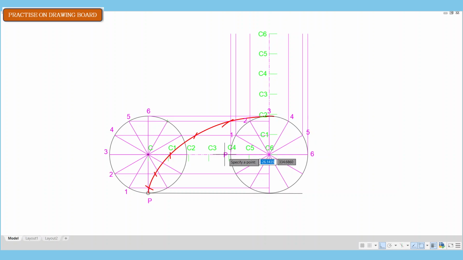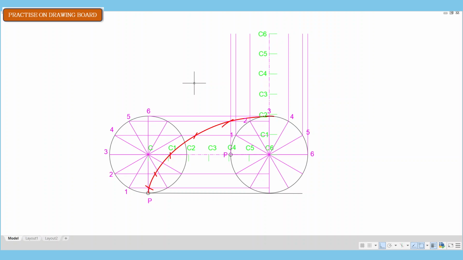Let's indicate the position of P with a circle like we did earlier. So we now would have to measure the position of P to the center of the circle. So from C6 to P, and that basically is the radius of the rolling circle. So that will be 25.